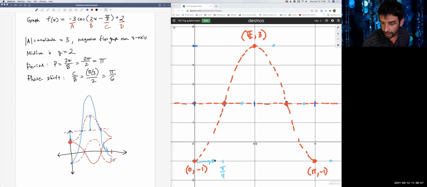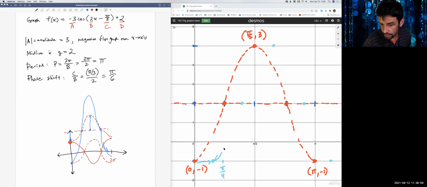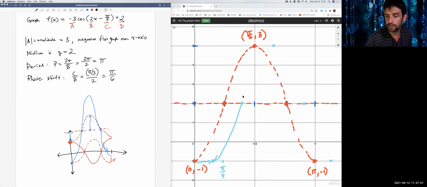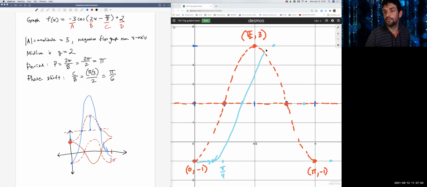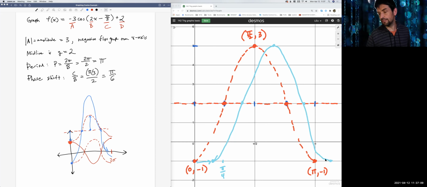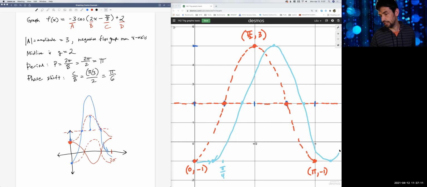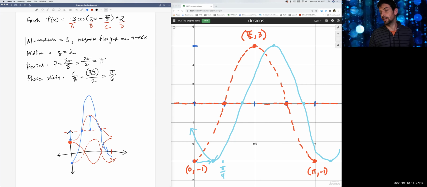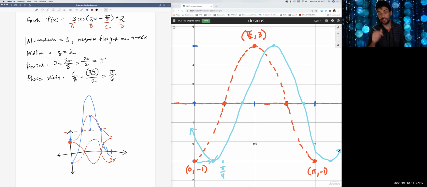And so our graph, in a very rough sense, whoops. And then of course, it continues on.